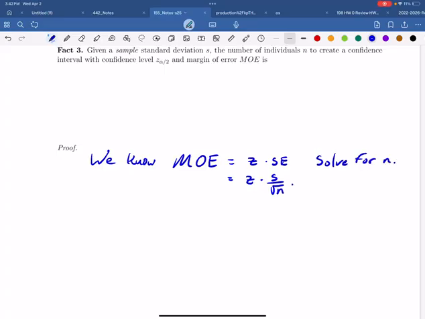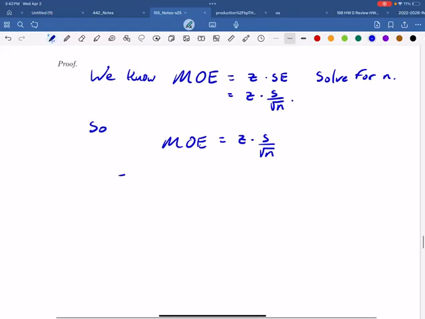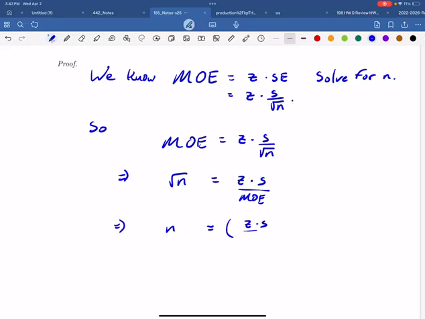Solve for n. So we have MOE equals z times s over root n, multiply by root n, divide by margin of error. That's a times, by the way, not a minus sign or something. And then we square both sides to get n equals this stuff squared.